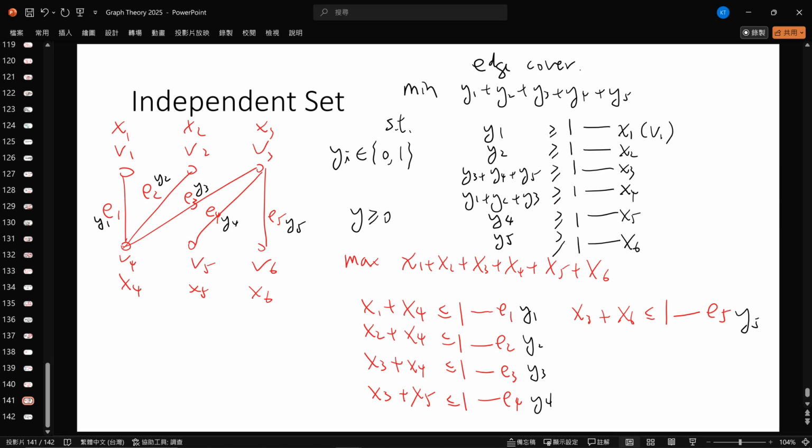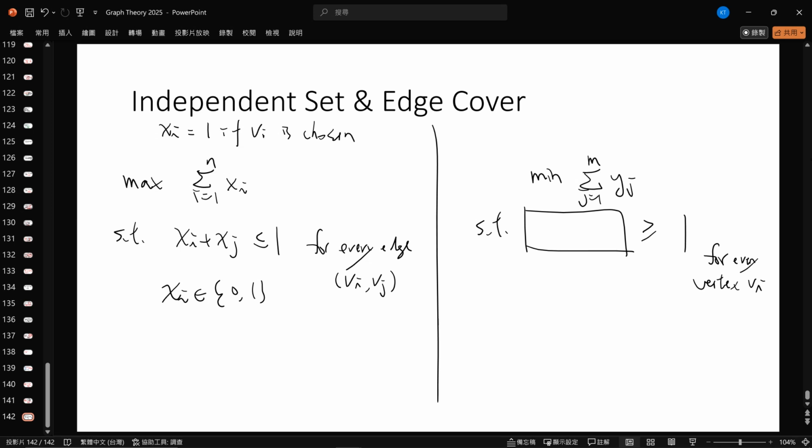The left-hand side from this toy sample is that we just take the sum of the dual variables for the incident edges. So this is the corresponding dual problem.